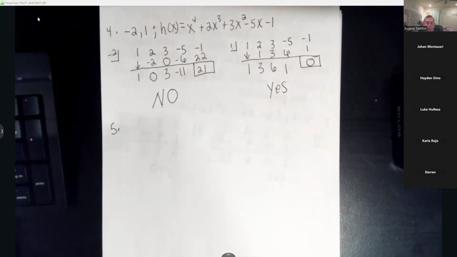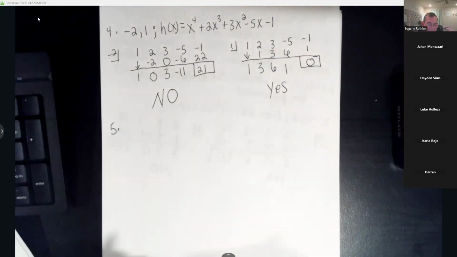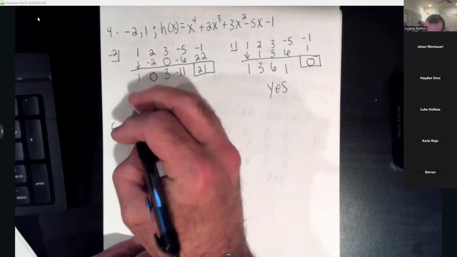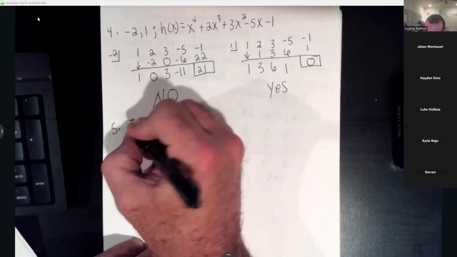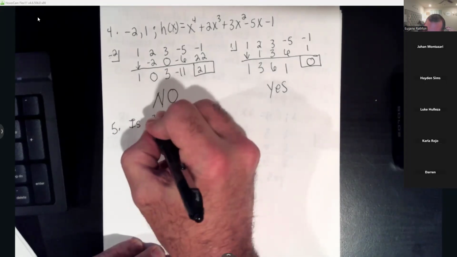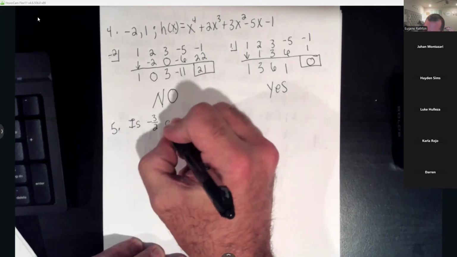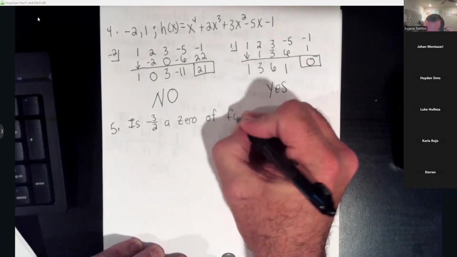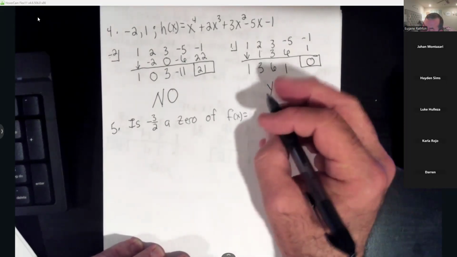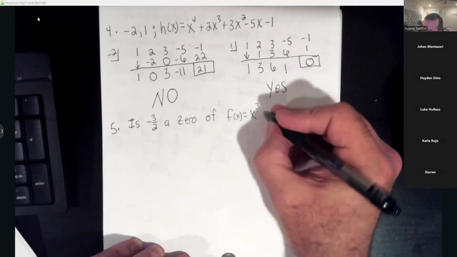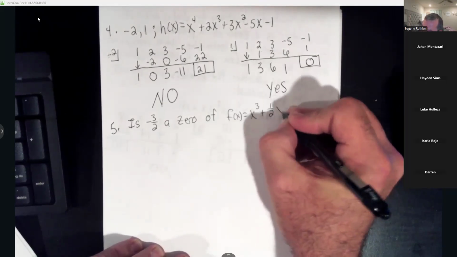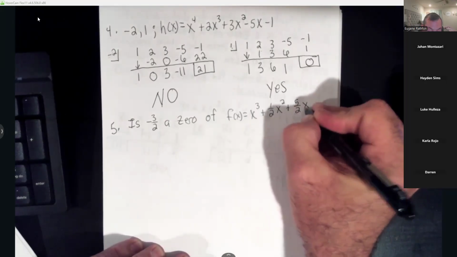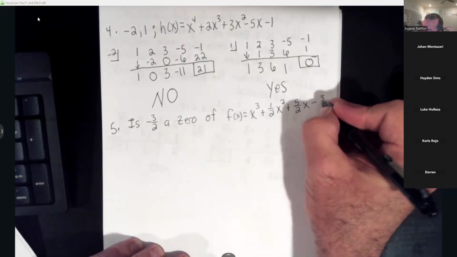All right, so this last one I'll sort of guide y'all with. They want to know, is -3/2 a zero of f of x equals x cubed plus 1/2 x squared plus 5/2 x minus 3/2.